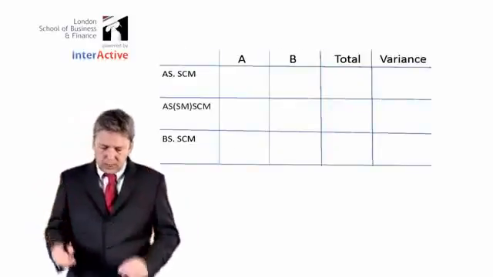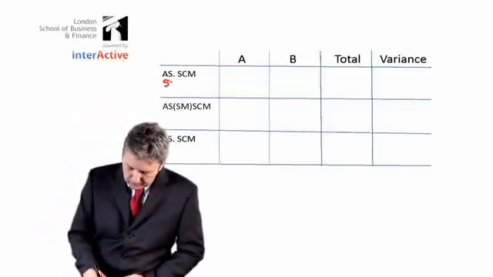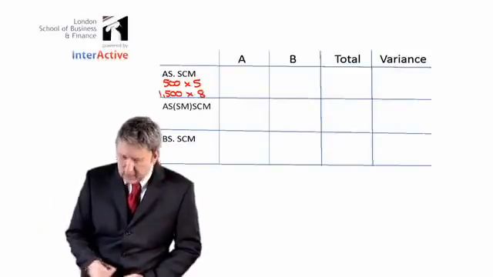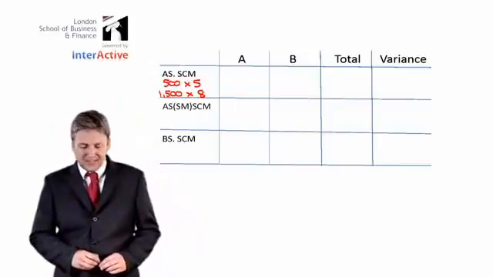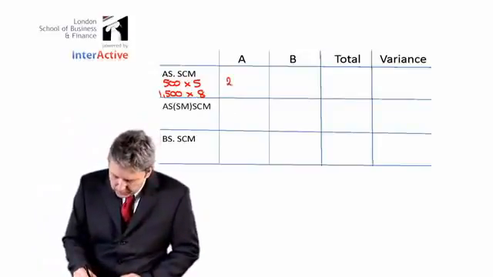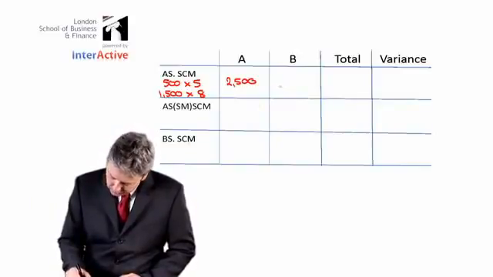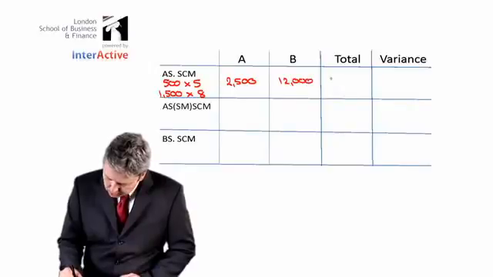Actual sales for A were 500, and the standard contribution was 5, and the actual sales for B were 1,500, and the standard contribution was 8. So we end up with 2,500, and we end up with 12,000. A total of 14,500.